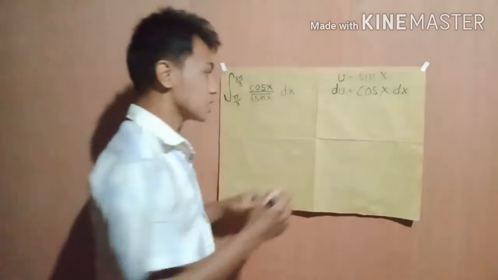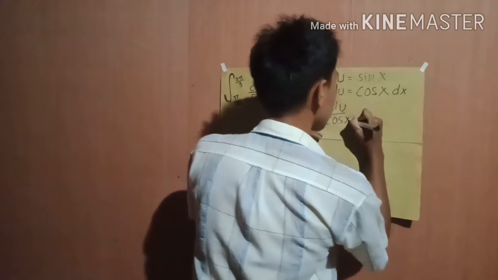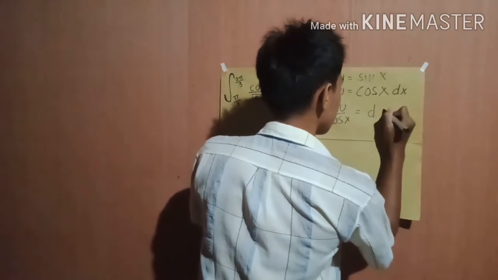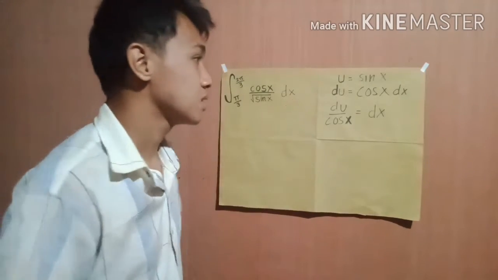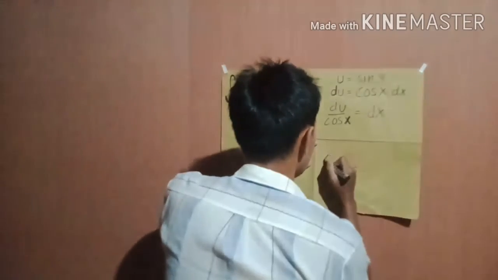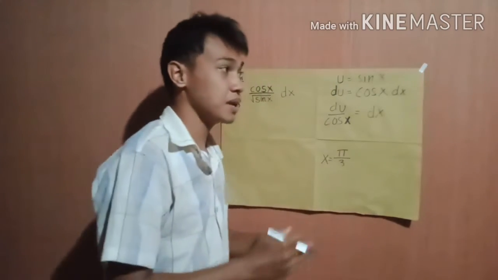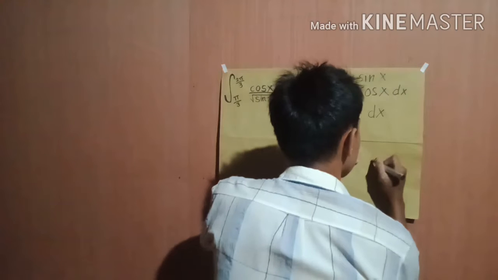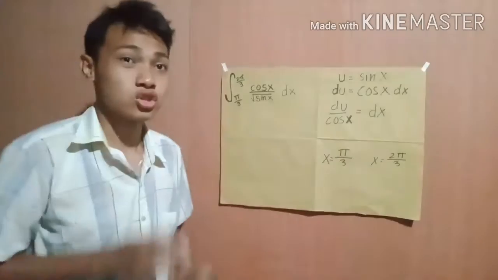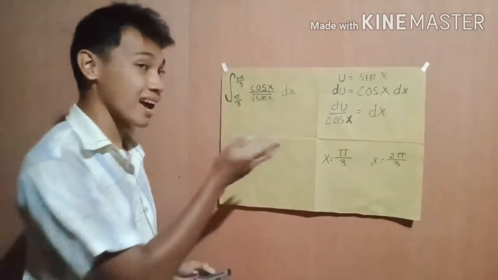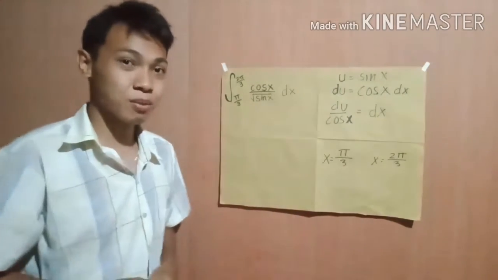Now, solving for dx, I can divide both sides by cosine of x. It will become du over cosine of x is equal to dx. My lower limit is x equals pi over 3, and my upper limit is x equals 2 pi over 3. So what I'm going to do is just plug x in, essentially taking the sin of both of them.